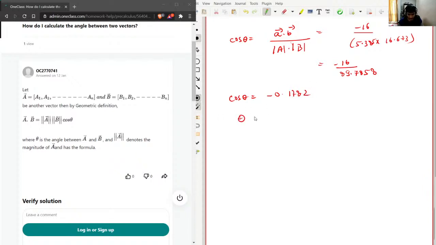Then I can take cosine inverse on both sides. Then theta will become cosine inverse of negative of 0.1782, that is 100.264 degrees.